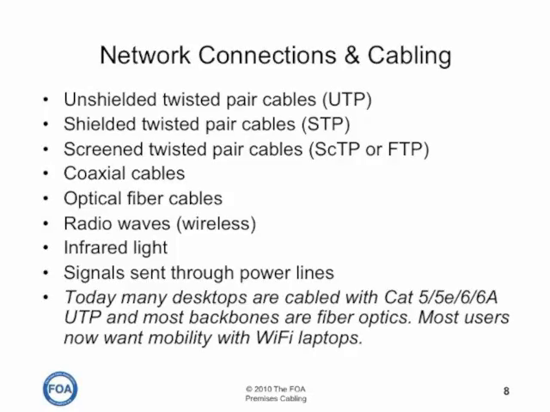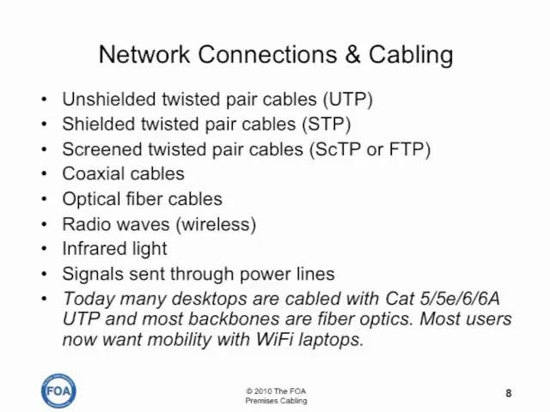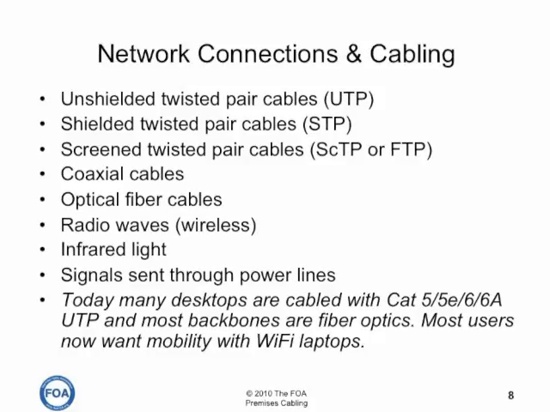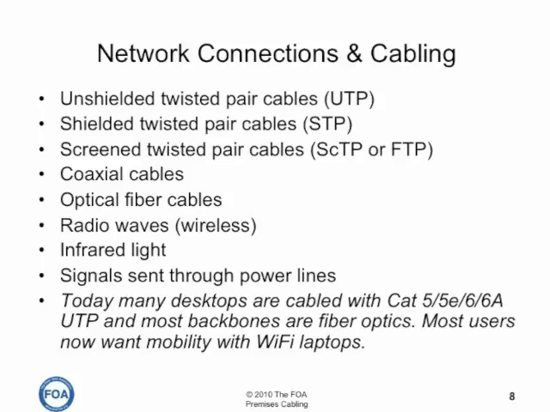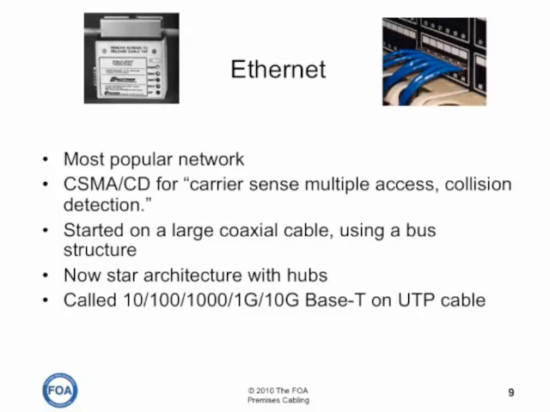Coaxial cables, optical fiber, radio waves, which is very popular now as wireless, and even infrared light and signals sent through power lines have been used for network connections. Today, many desktops are cabled with Cat5 or some type of UTP cable, and most backbones in large corporate networks are fiber optics. However, most users now want mobility for their Wi-Fi laptops and other portable devices.